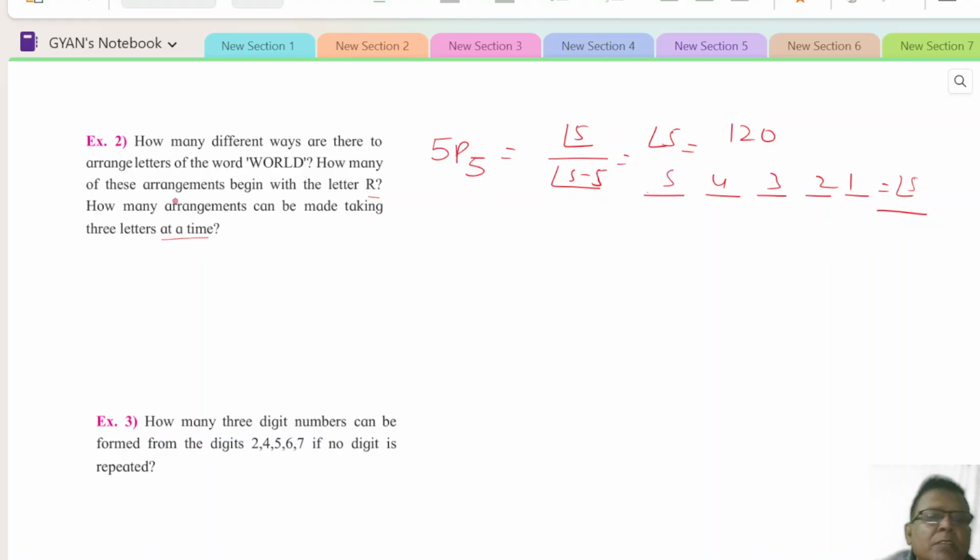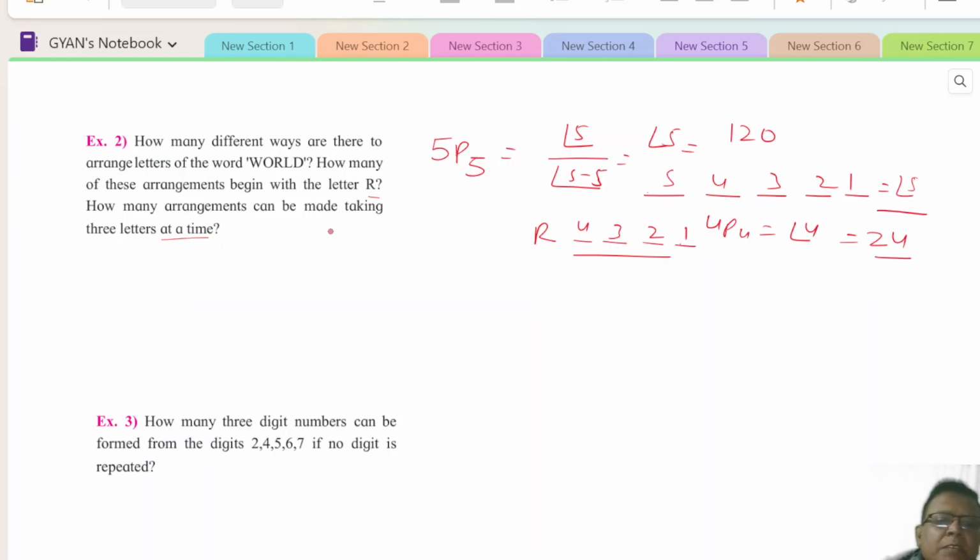Now, how many of these arrangements begin with R? One is fixed, R is fixed. So now only 4 have to be arranged, taking all 4. So 4P4, which is factorial 4, equal to 24, or you can consider 4 3 2 1.